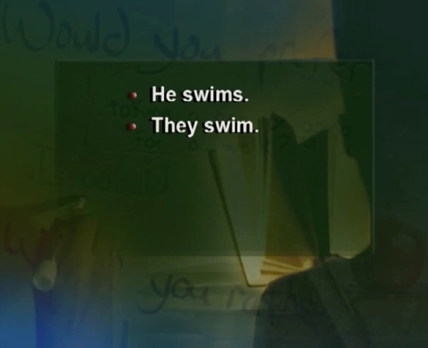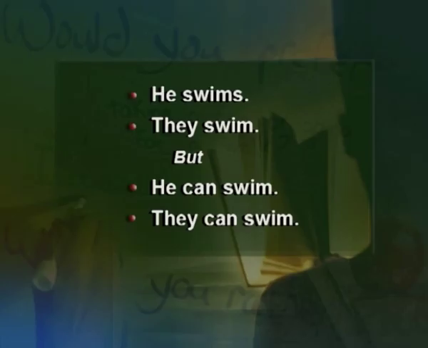Here we notice that the verb changes with the subject. If it is he, it is swims. If it is they, it becomes swim. But in modal auxiliaries, irrespective of the subject or the number in the sentence, they remain the same. For example, we say he can swim, they can swim, I can swim, we all can swim. So we see that they are not changed.